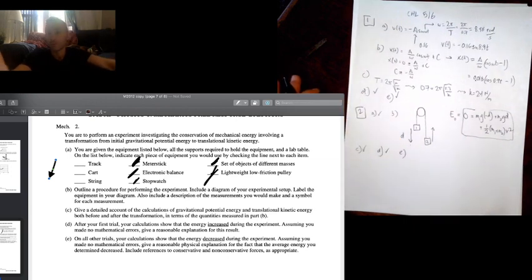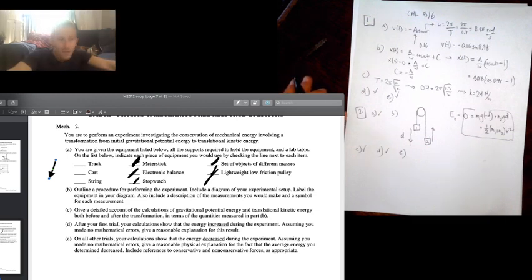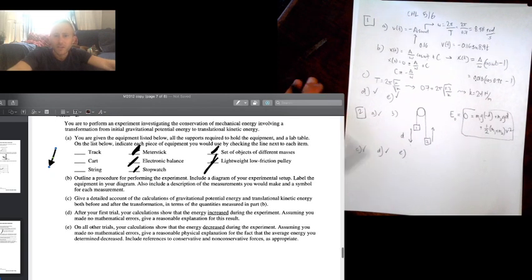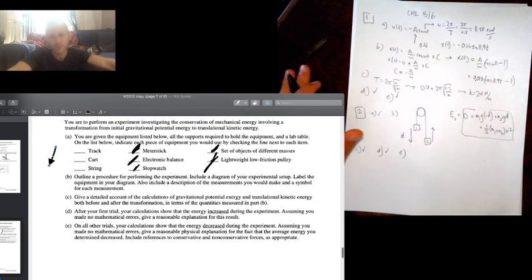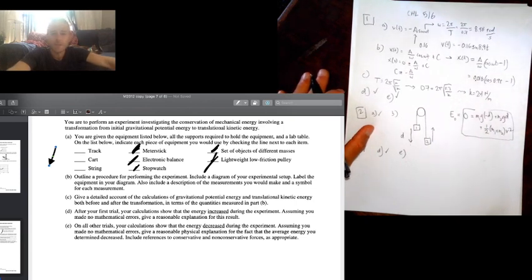Or there's something else doing work on the system that you didn't know about. Part E says, on all other trials, your calculations showed that the energy decreased during the experiment. Assuming you made no mathematical errors, give a reasonable physical explanation for the fact that the average energy you determined decreased.